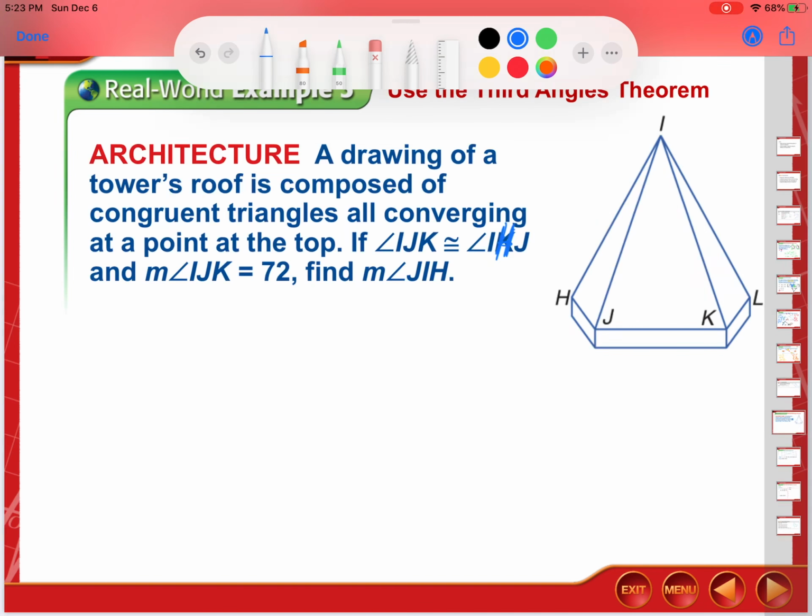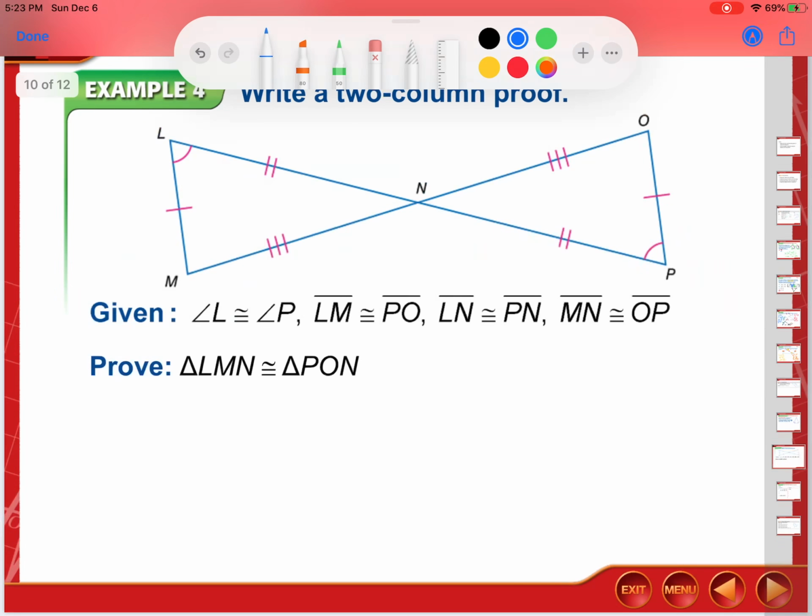If those two angles, an angle. Yeah, so I messed that up. That's my fault. What this should say is IHJ for the second one, because that would make IJK, so this angle, the same as this angle over here. So we're going to skip this example for now.